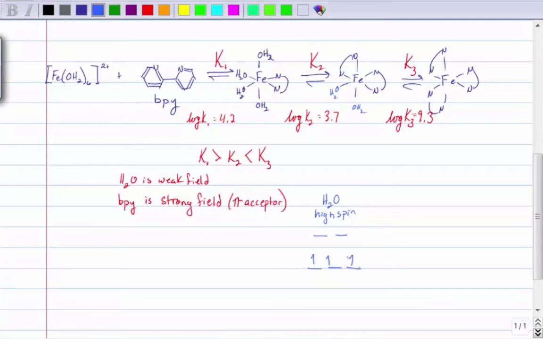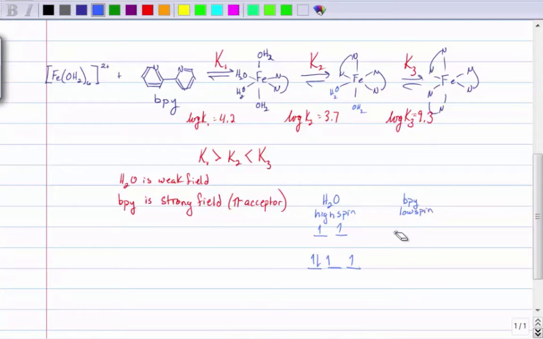Tell me how many electrons are in iron plus 2? How many d electrons? Yes, there are 6 electrons in iron 2, and with water as the ligand, it will be high spin. With BIPY as the ligand, you might expect it to be low spin. And that's, in fact, the case.